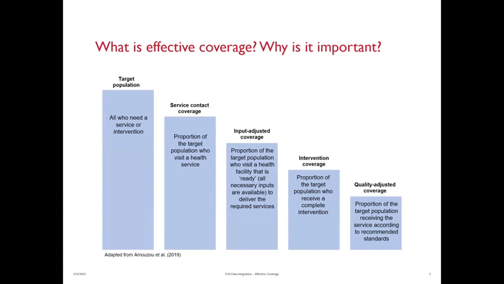At each step, we're adjusting for different aspects of service delivery, different measures of coverage, different measures of quality. And quality-adjusted coverage, which is at the far right on this slide, is the product of all of these different measures. That has been found to be more associated with outcomes than simple coverage measures.